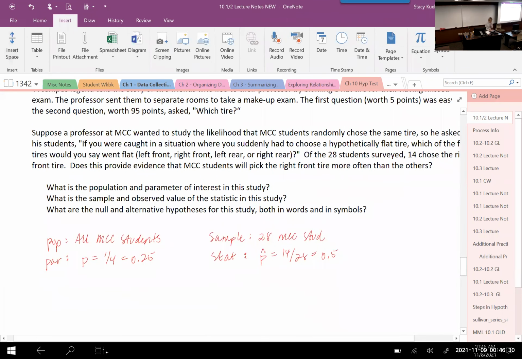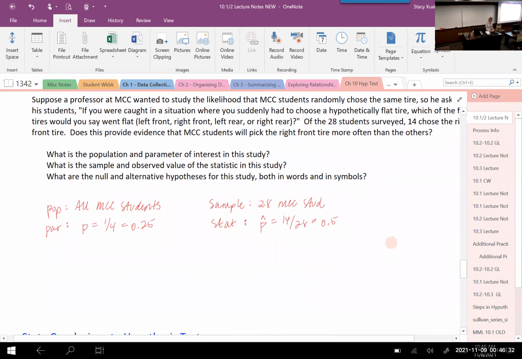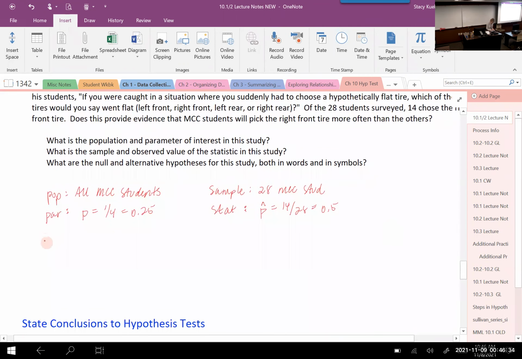So what is the null hypothesis? Let's see if we can come up with words that represent the null. The long run proportion of students that pick the right front tire. This is about what we assume to be true. What are we assuming to be true? H naught is P equals 0.25.